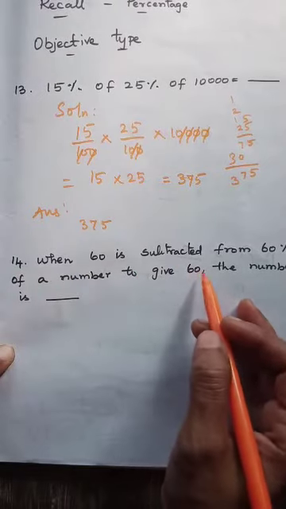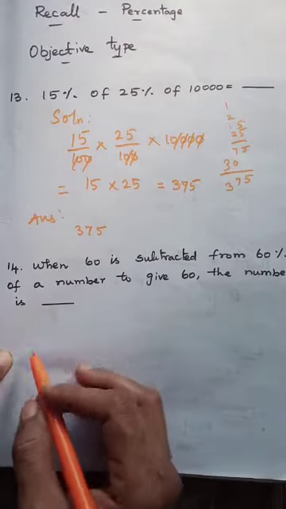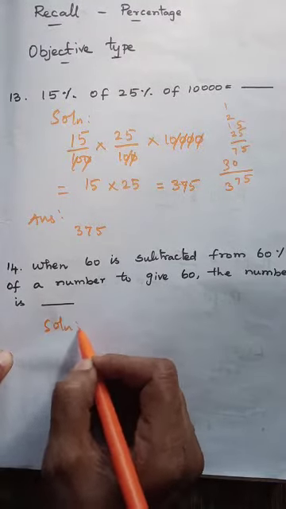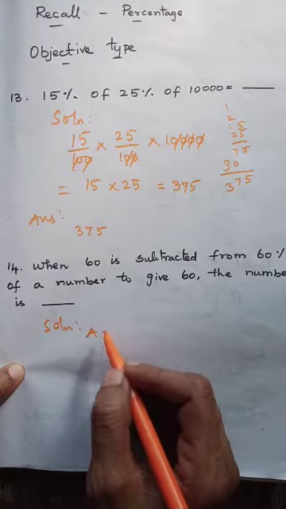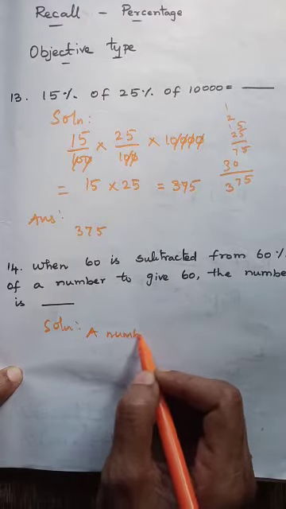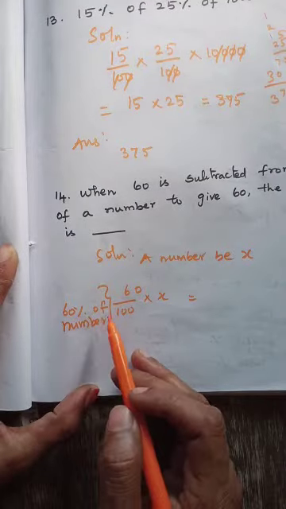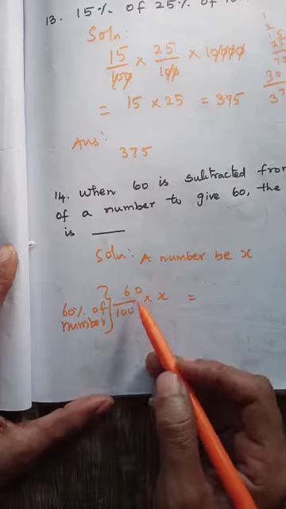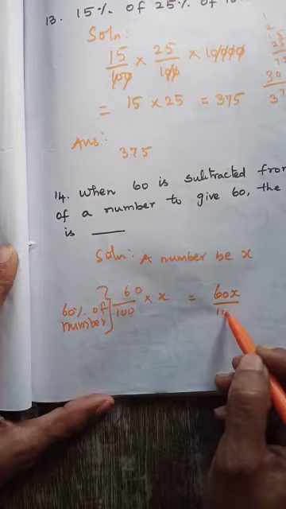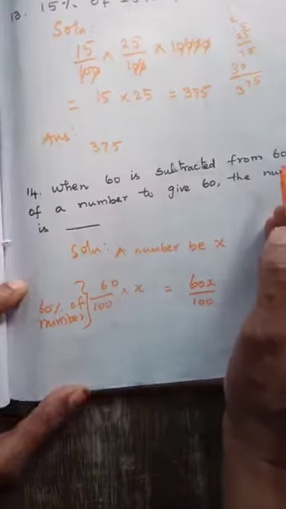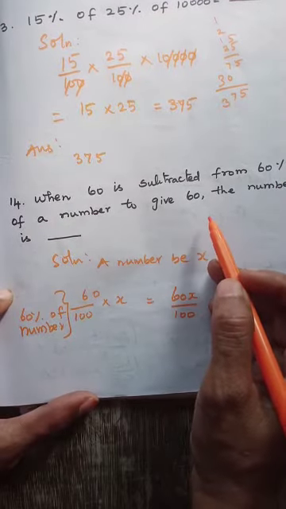When 60 is subtracted from 60% of a number to give 60, the number is dash. In solution, 60% of a number. Let a number be x. 60% of number is equal to 60 by 100 into x, that is 60x by 100. Okay, 60 is subtracted from 60% of a number to get 60.